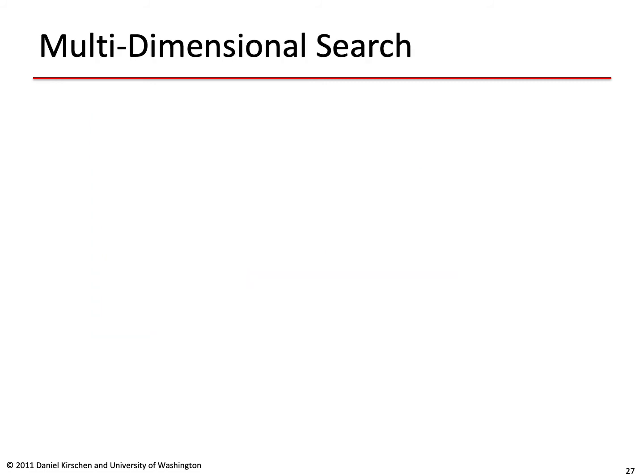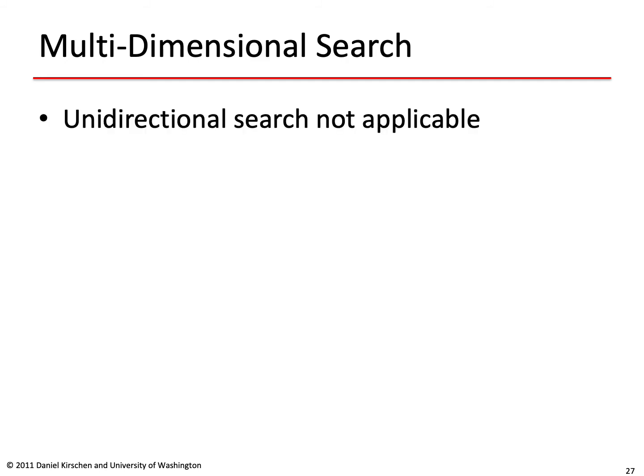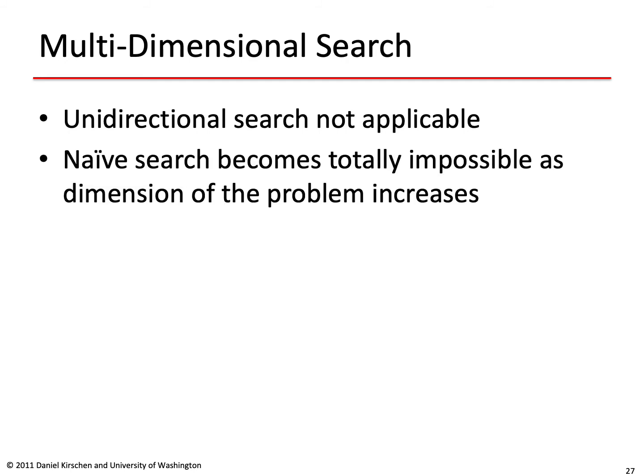That's very nice in one dimension, but what happens when we have many decision variables? The unidirectional search that I have just described is not going to work because it was based on the idea that I was searching in just one direction. And we could generalize the naive search that we discussed before to search thoroughly the feasible set, but that would quickly become totally impossible as the dimension of the problem increases, because the number of points where we would have to calculate the value of the objective function would increase very, very quickly.